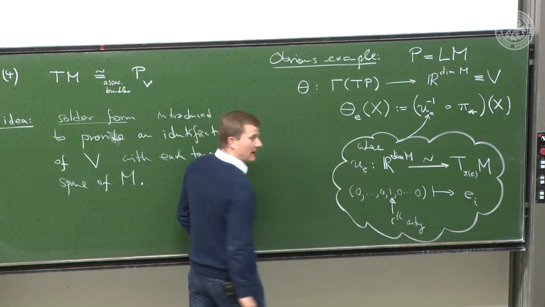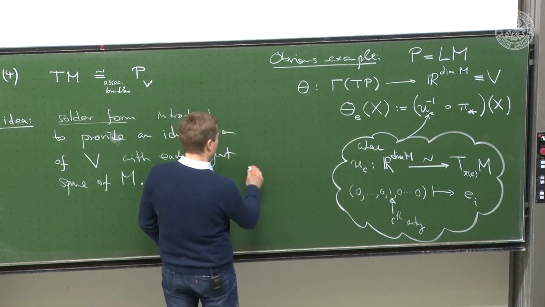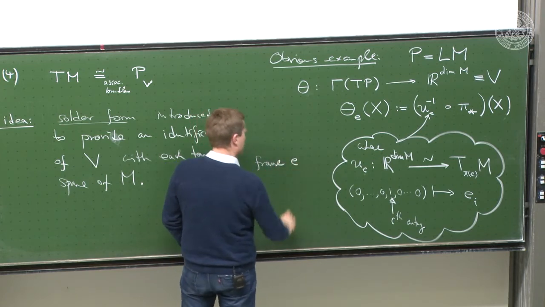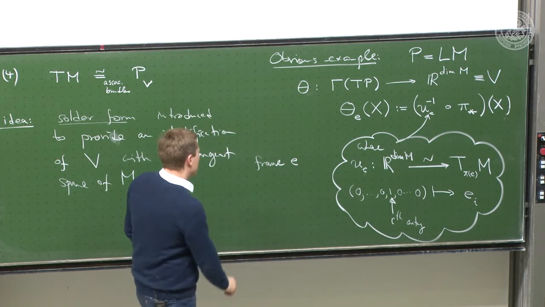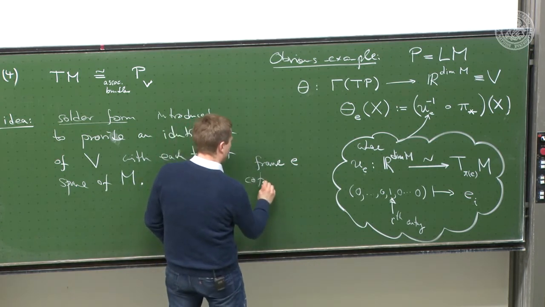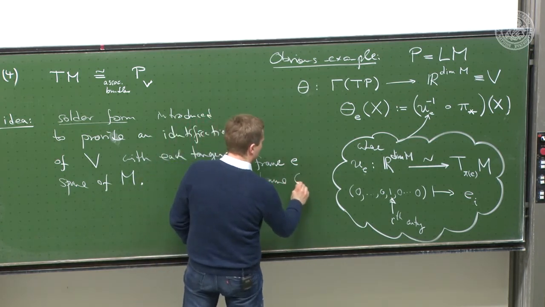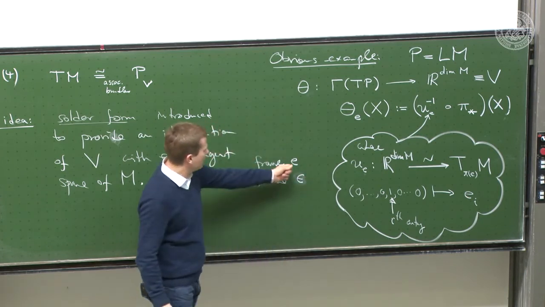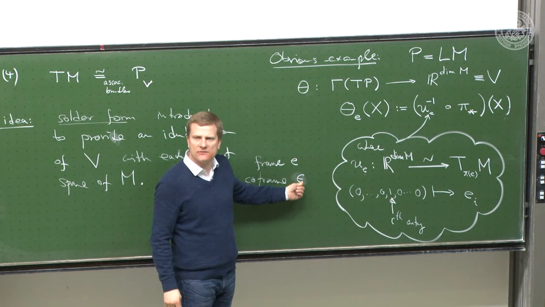Well, you know this inverse. If E is a frame, a basis of the tangent space at some point, then you know that you can look at a coframe, which is automatic. Well, okay, let's call it epsilon. If you have a frame, then by duality you can define a coframe without extra structure.